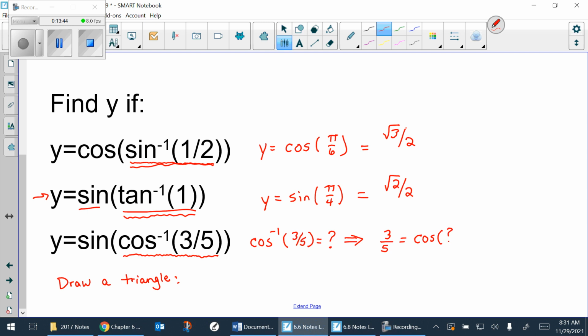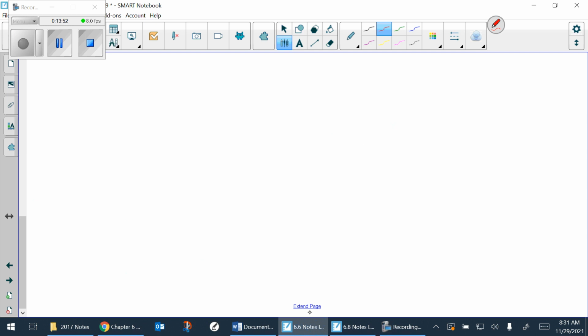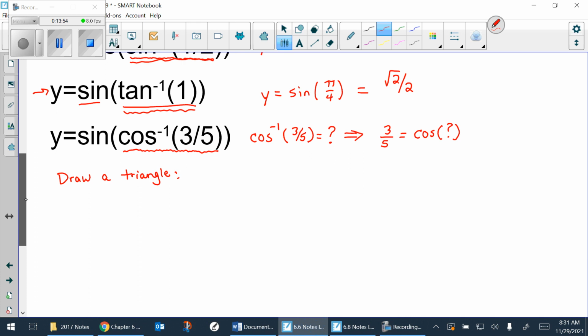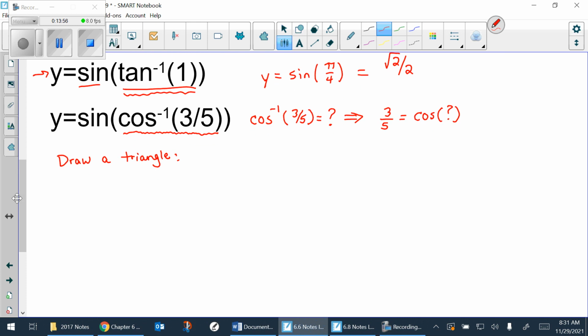And that's the angle I'm looking for. So what I'm going to do is draw a triangle that represents this situation. I'm going to have a nice right triangle here. And I am going to make this angle right down here a question mark.